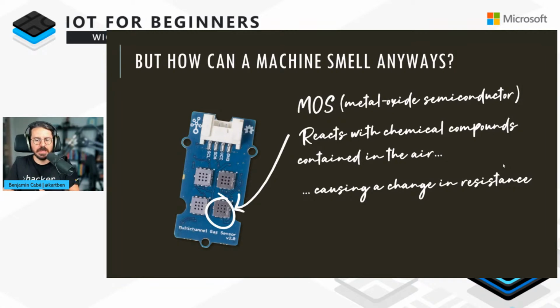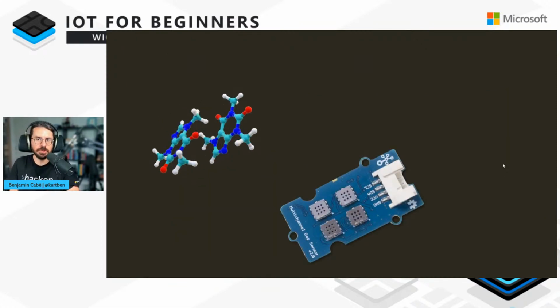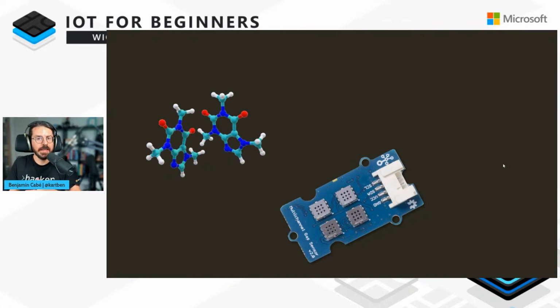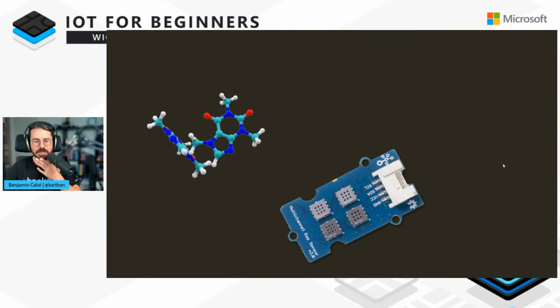But those electrons moving around will effectively cause a change in resistance for the sensor, which means that this is something that can be measured by the microcontroller. Hence, this is something that we have access to in our software, in our embedded software.